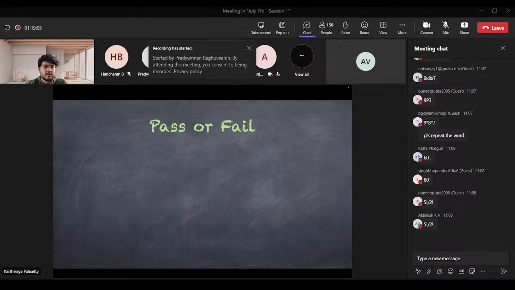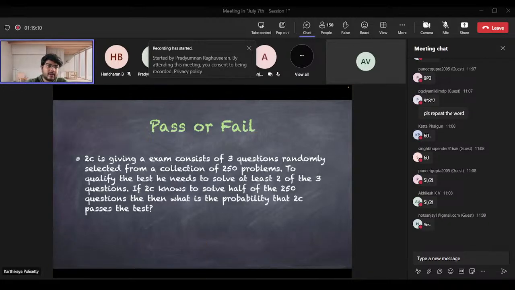Yeah. So now we will see an example. Pass or fail. 2C is giving an exam consisting of 3 questions randomly selected from a collection of 250 problems. To qualify the test, he needs to solve at least 2 of the 3 questions. If 2C knows how to solve half of the 250 questions, then what is the probability that 2C passes the test? I'll give you 2 minutes to try this out.